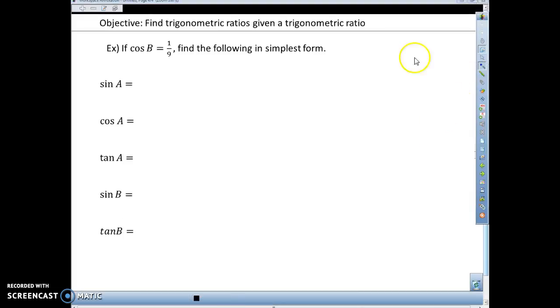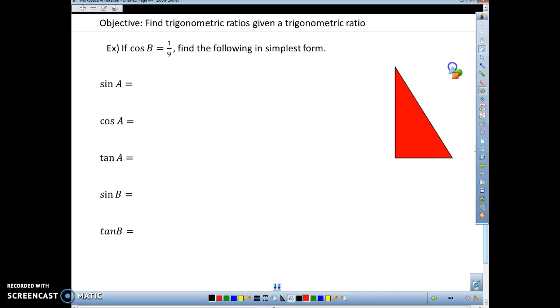Another example. If the cosine of angle B is 1/9, find the following in simplest form. So we want to find these trig values. Again, I'm going to draw an image. Here's my triangle. I need acute angles A and B, so I'll say this is angle A, this is B, and here's C. They say cosine of B, so that means I'm in this angle.